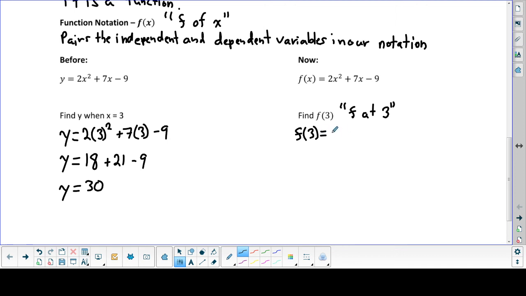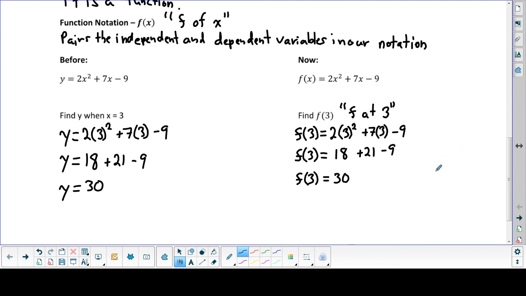The function at 3 is just going to be 2, and we just replace all the x's with 3's, just like we did before. Plus 7 times 3. I always replace things in brackets. It makes the algebra a lot easier. And we do the same thing. We're going to get 18 plus 21 minus 9. And we'll just keep our f at 3 over here. And the last thing we do is collect like terms and just simplify that right side. We get f at 3 is 30.